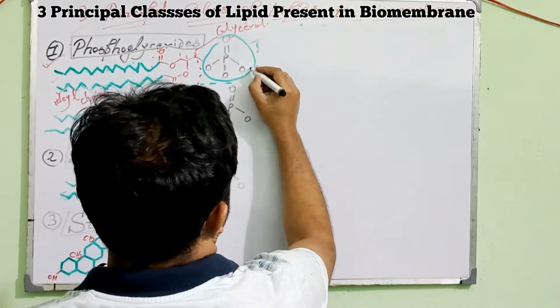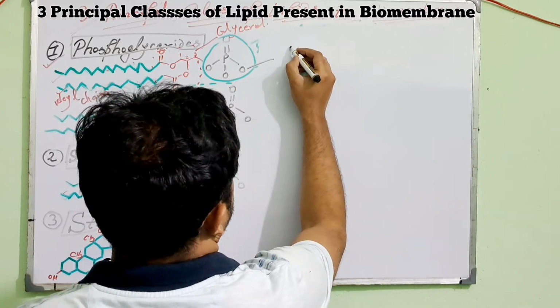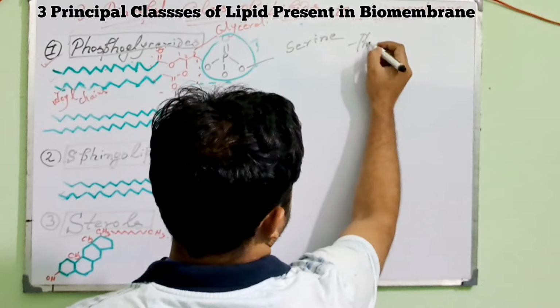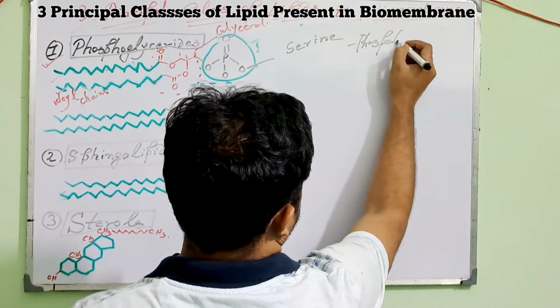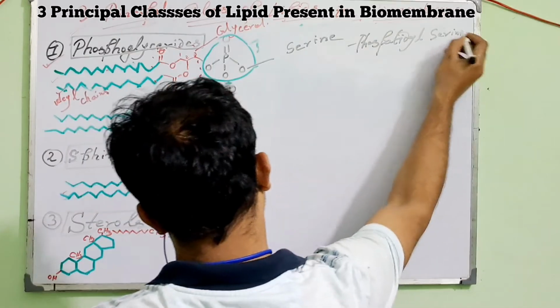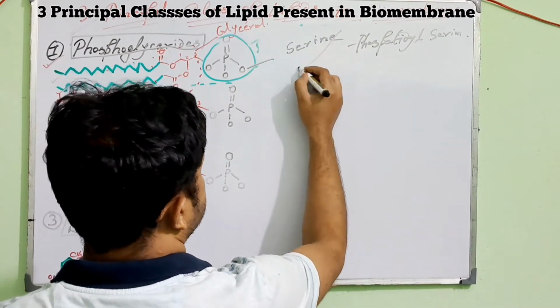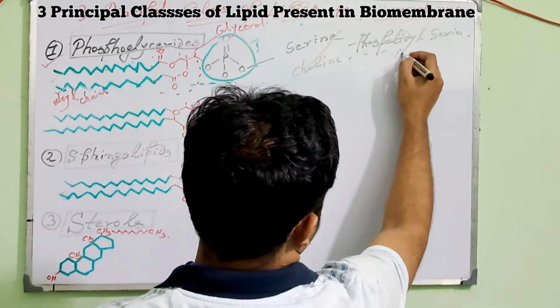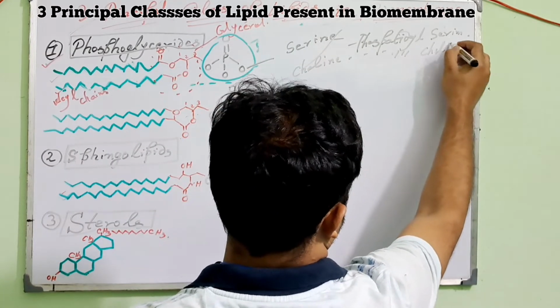Okay. Here, serine is attached. Then it will be called phosphatidyl serine. Likewise, if you attach choline, it will be called phosphatidyl choline.